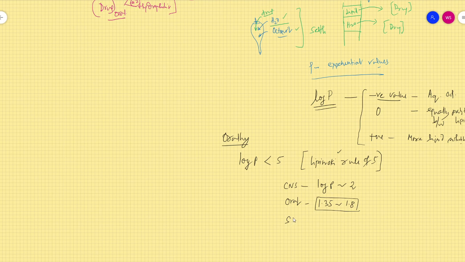And if we need to administer it sublingually, like for nitroglycerin, then the log P value should be greater than 5. Okay, meaning it should be highly lipid soluble. Okay, so plus 5 would be highly lipid soluble. So if it's highly lipid soluble, then the drug can be administered sublingually. Okay, so that is kind of a rule of thumb.